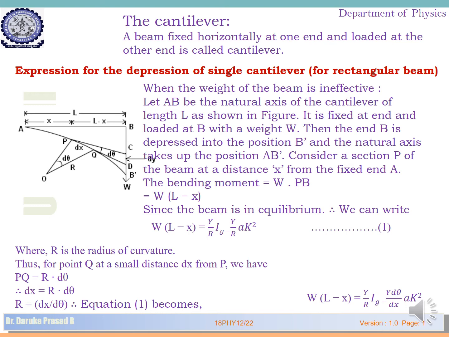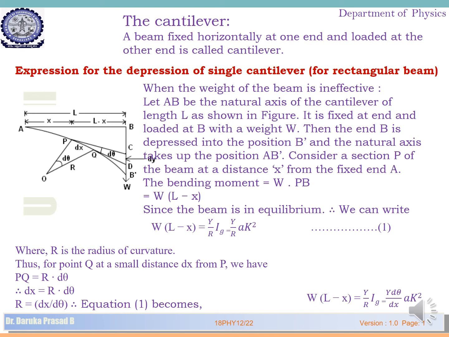Now let us consider one more point Q, very close to P, at a distance of dx from P. Now PQ can be expressed as an arc, which is the radius into the angle subtended by this arc. Therefore PQ, the small distance dx, is equal to R into dθ. Therefore R, the radial distance, can be expressed as dx by dθ.